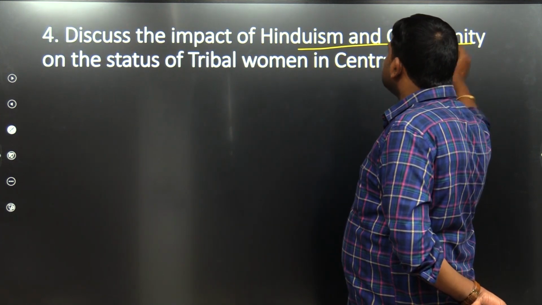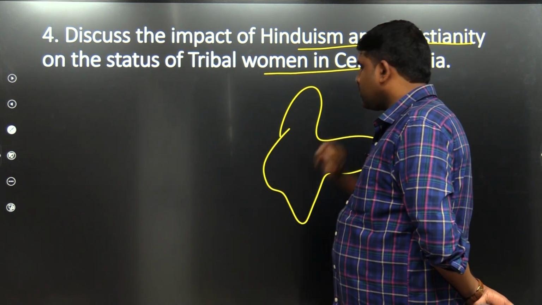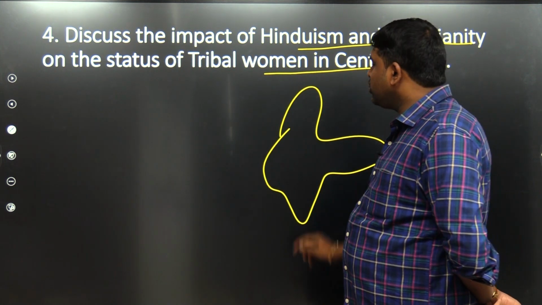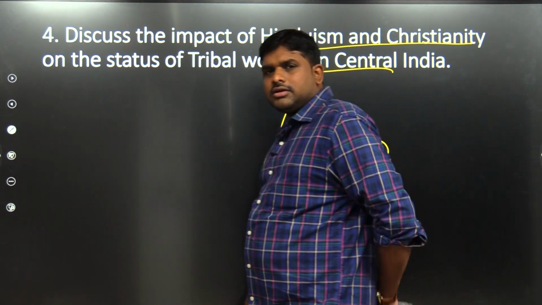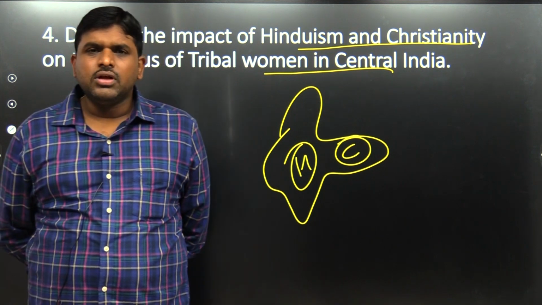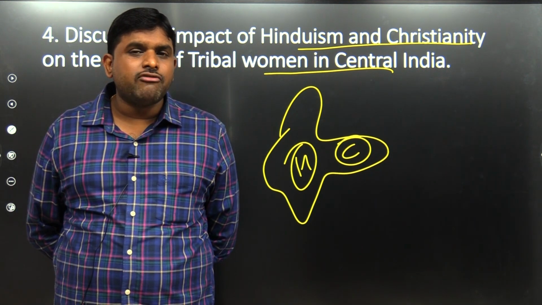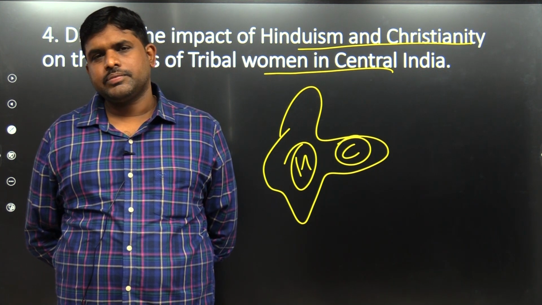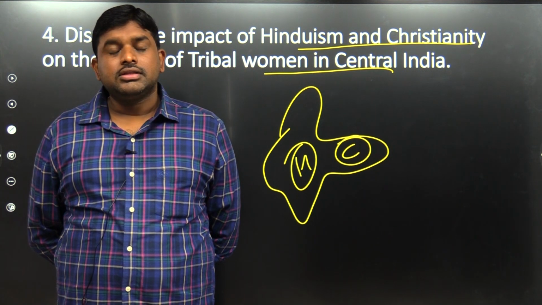Discuss the impact of Hinduism and Christianity on the status of tribal women in India. Tribal women in India, Hinduism here, Christianity here. For example, in central India, there is the Chenchu woman, of the Chenchu tribal community of the Nallamala forest of Andhra Pradesh, on the borders of Andhra Pradesh and Telangana.